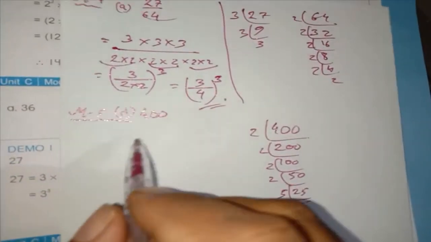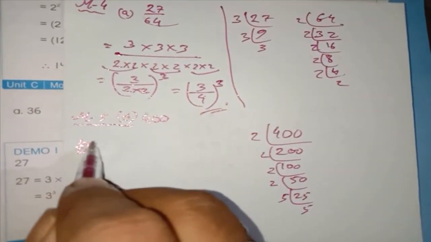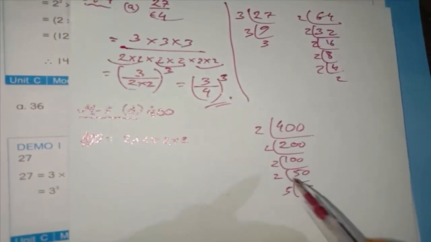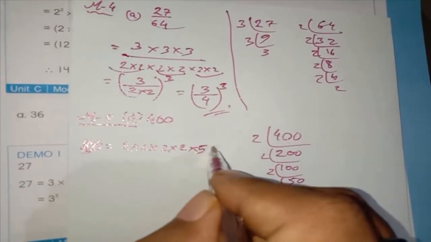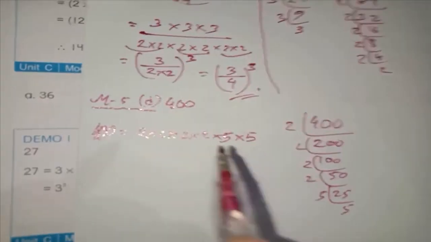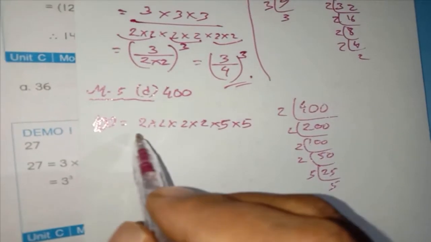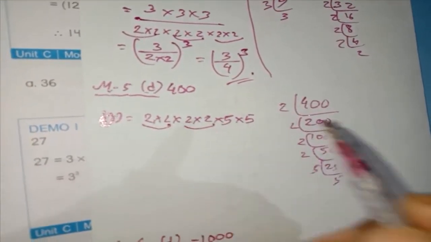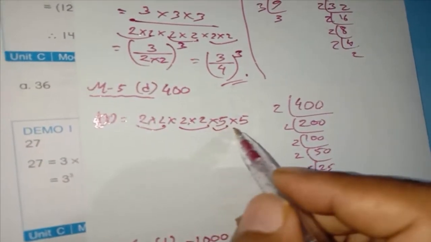So 400 can be written as 2 into 2 into 2 into 2, into 5 into 5. So first of all, what we will do, we will divide these 4 2's into 2 groups and divide these 5's into 2 groups.